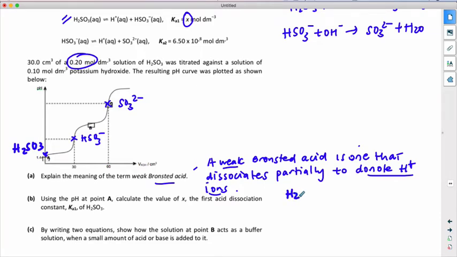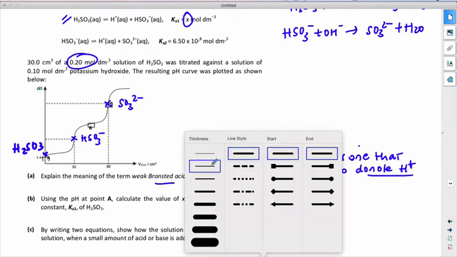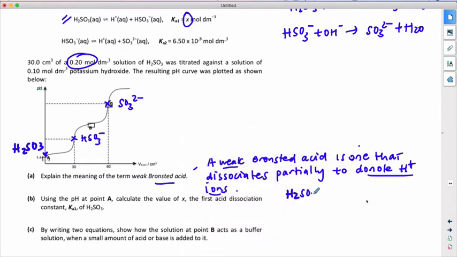H2SO3 will dissociate to give you H plus and HSO3 minus. The initial concentration, in moles per dm cube, is 0.2.